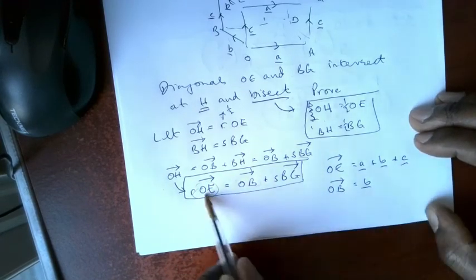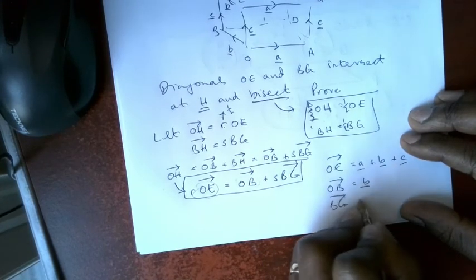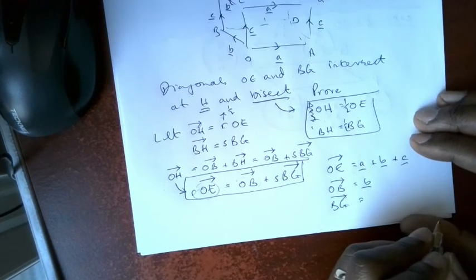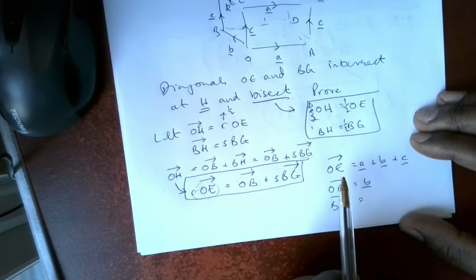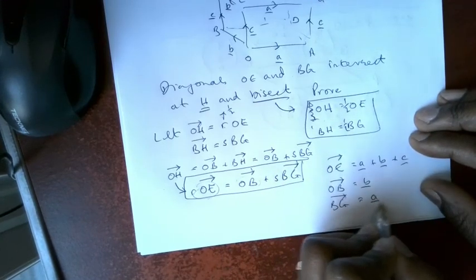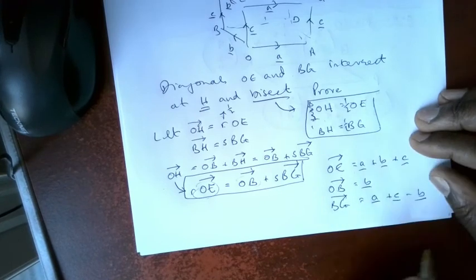See, I've got OE written as that, OB written as that, and B to G, again, I can just go along the edges. I might go backwards along one, but basically to get from B to G, I can go A plus C minus B.